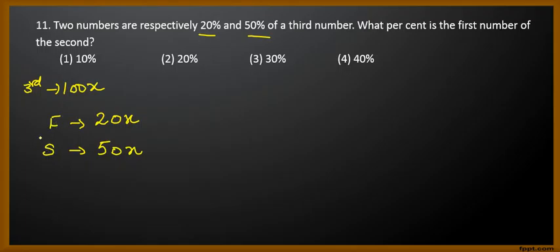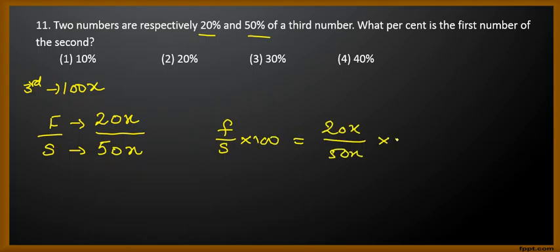So the required percentage is first by second into 100. This is the ratio multiplied by 100 to get the percentage. So 20x by 50x into 100 equals 40%. So the answer is option 4.